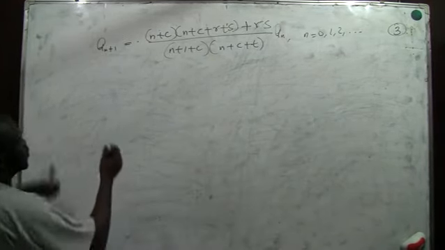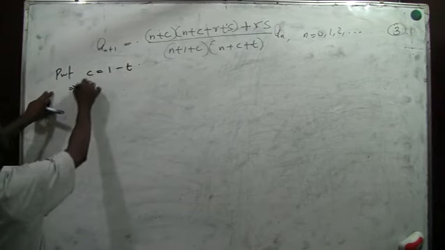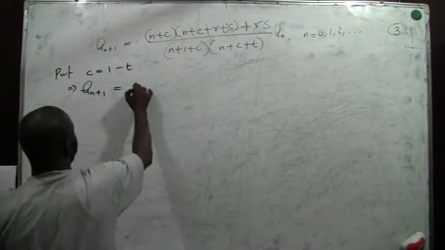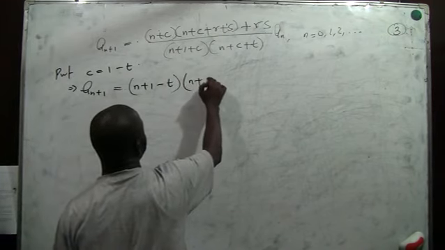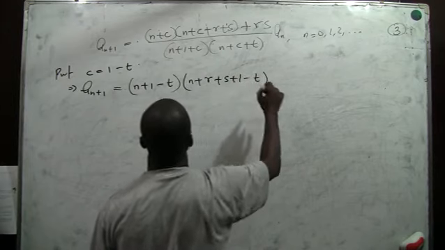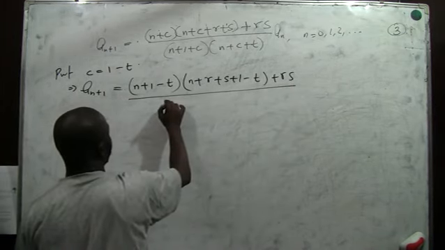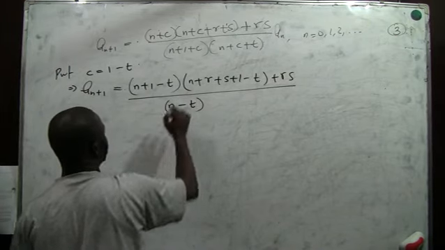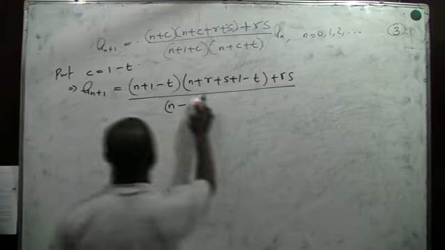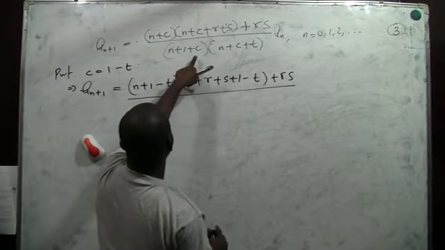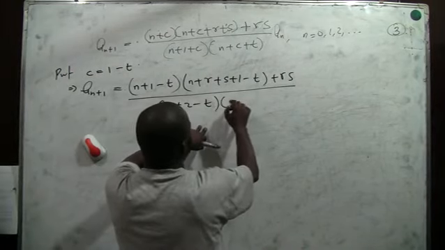Now, we put c equals 1 minus t. This implies that our a_(n+1) equals n plus 1 minus t, into n plus r plus s plus 1 minus t, plus rs, all divided by n plus 1 minus t, into, since c is 1 minus t, that is n plus 2 minus t, into n plus 1.